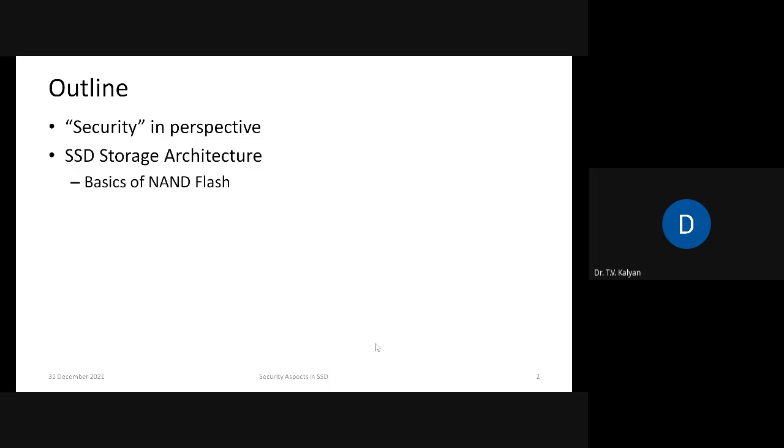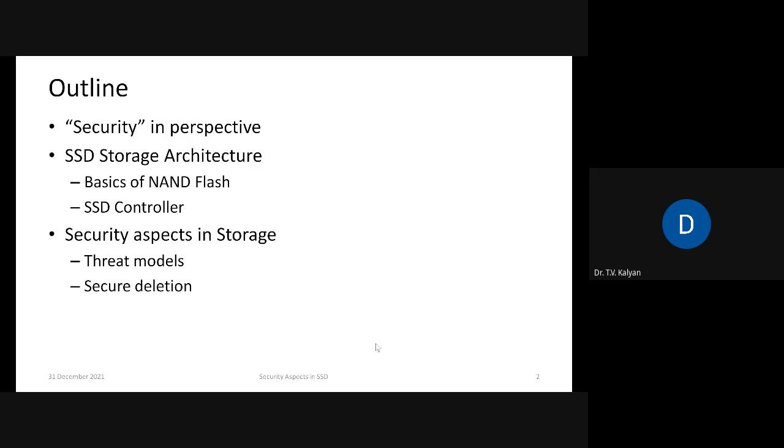It has two subtopics, which is the basics of the NAND flash, followed by the workings of the SSD controller. And the third subpart of this session would be the security aspects in storage with the knowledge of the underlying storage architecture. In that, we are going to look at a few threat models and a couple of specific issues or attacks, namely secure deletion and ransomware attack.